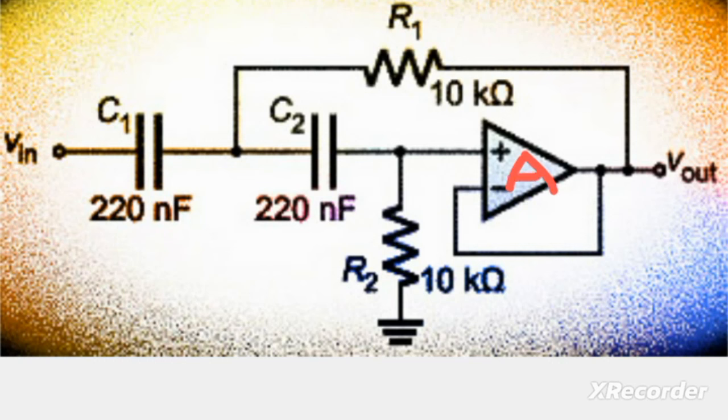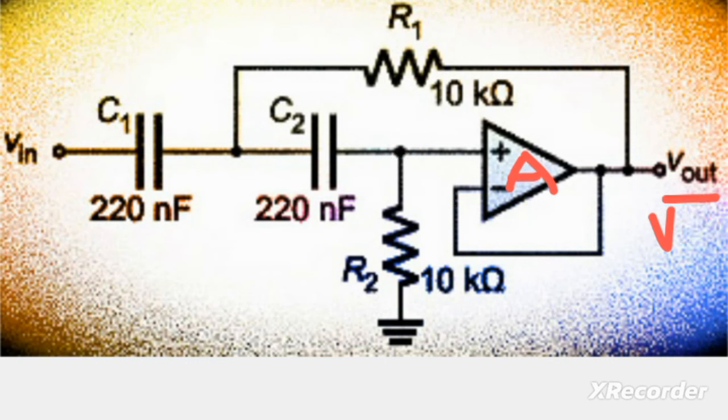So we know that the gain of the amplifier is the ratio of output divided by the input of the op-amp, that is, let's say VD, where VD is the differential voltage between positive and the negative pin of the amplifier.